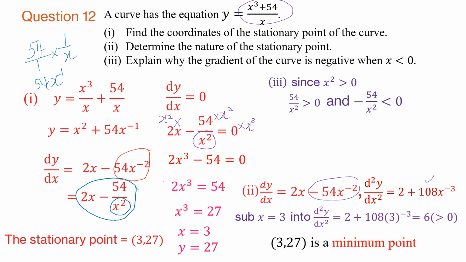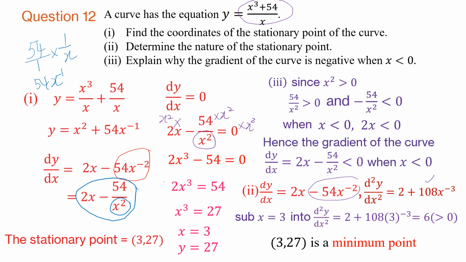And if you multiply by negative throughout, then negative 54 over x squared becomes a negative value. And since x is less than 0, 2x will also be negative. So you have negative minus negative, which makes your dy dx negative also. So this is how you explain part 3.